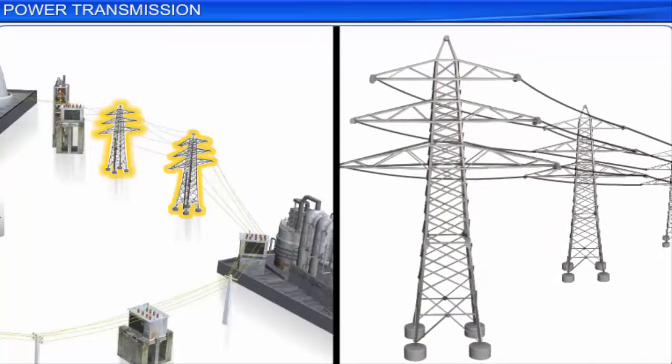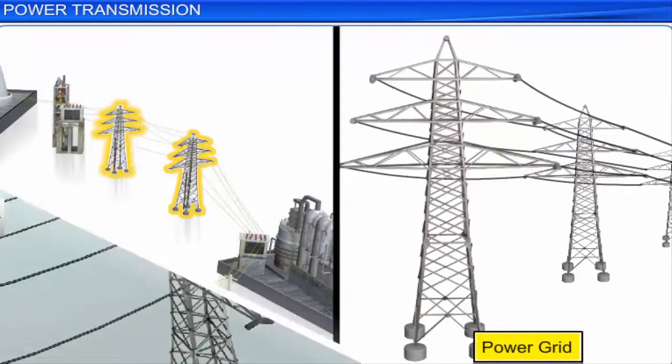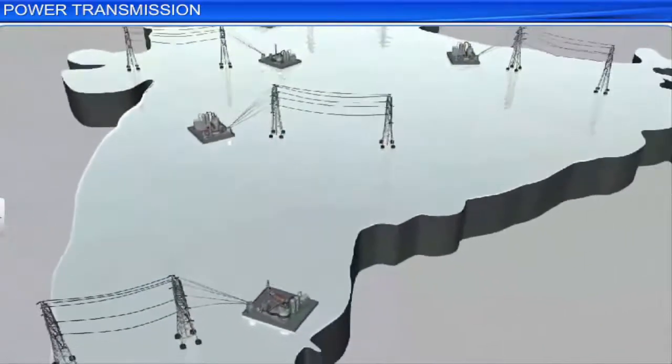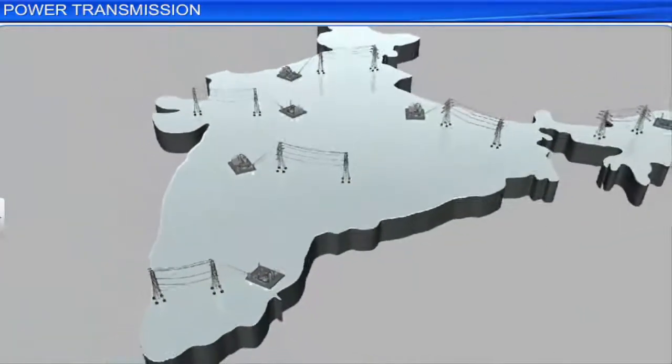A group of pylons can receive power from different generating stations. They, therefore, form an integrated power supply system. Such a network of HT supply system in a region is called a power grid. Power stations from different parts of the country are connected to the grid.